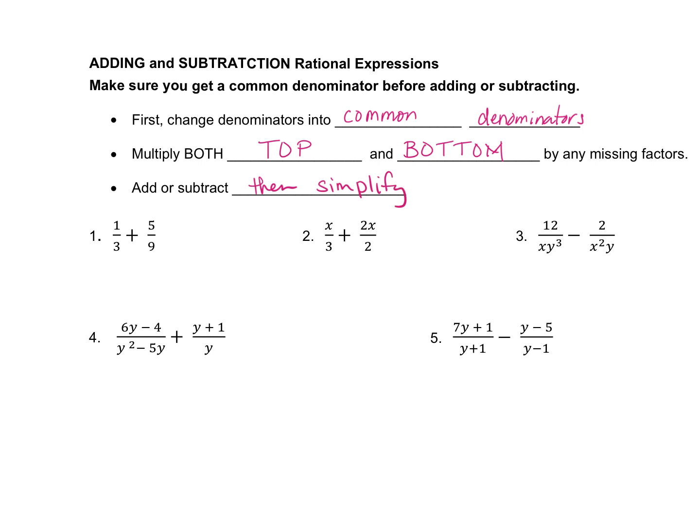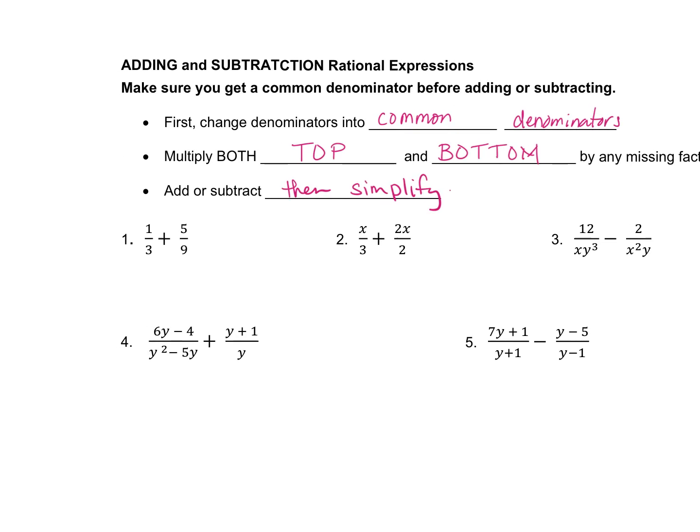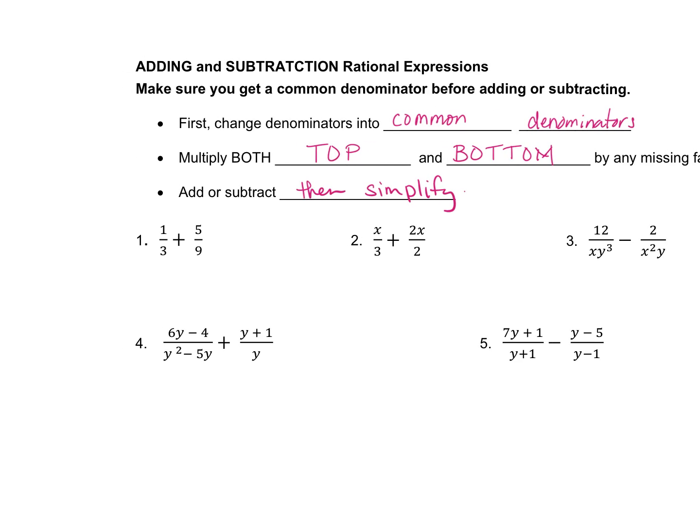Okay. Now when we start doing these, there's certain things I'm going to have you do. So starting here, you must tell me what the LCD is. You're going to state it every single time. I don't care how simple it is or how hard. So the first thing you want to do is, what is the LCD between 3 and 9? All right, our LCD is 9. And now we're supposed to multiply the top and the bottom by whatever the missing factors that you need.